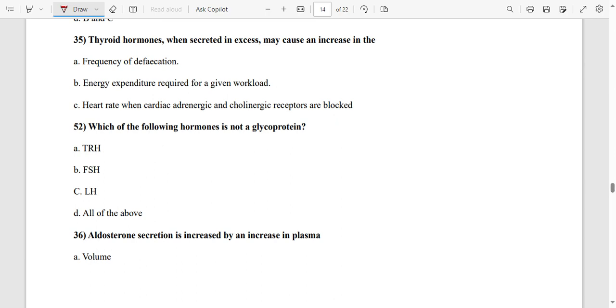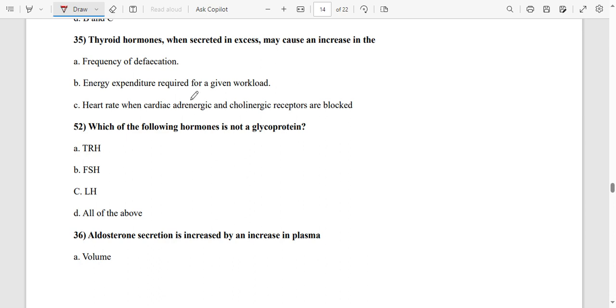Thyroid hormone, when secreted in excess, may cause an increase in: A. Frequency of defecation. B. Energy expenditure required for a given workload. C. Heart rate when cardiac adrenergic and cholinergic receptors are blocked.